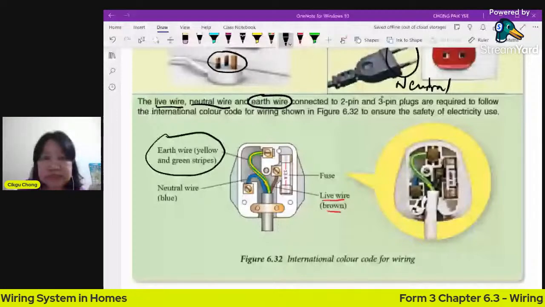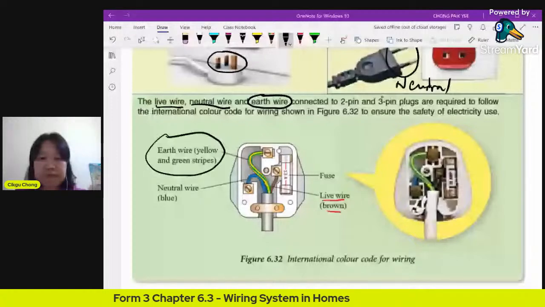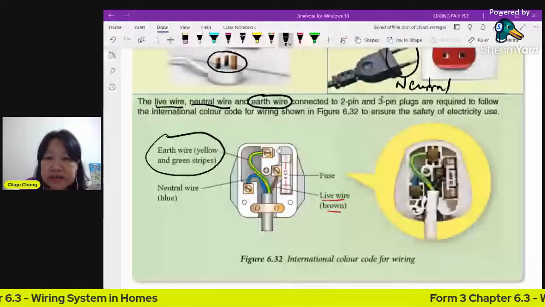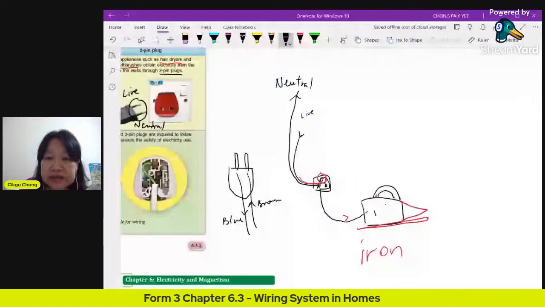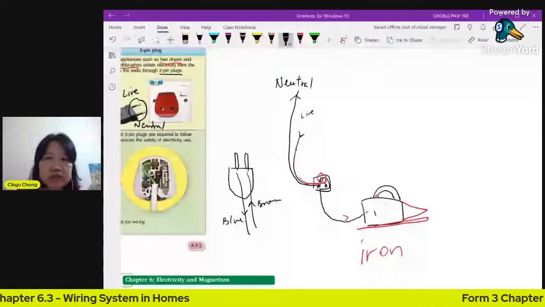So this is what happens when you have your earth wire. This is the additional one. If this is an iron, the iron that you are holding, let's say your hand is holding here, you're ironing. If there's a short circuit, the current will increase. When the current increases, it becomes hot. So remember the sequence.